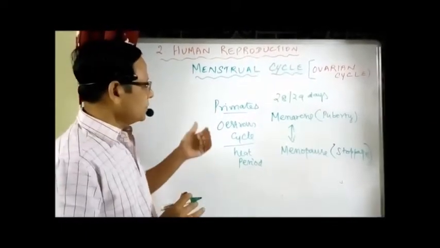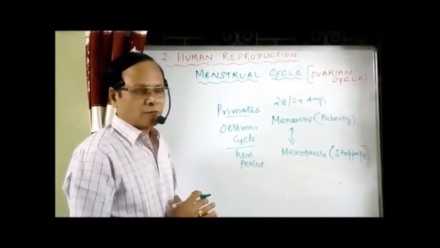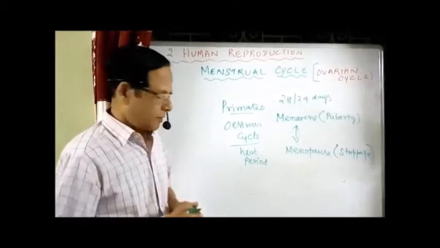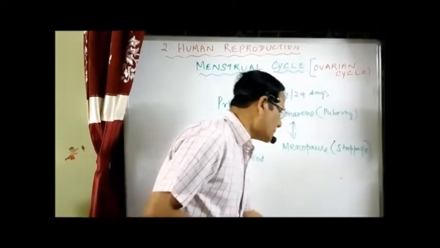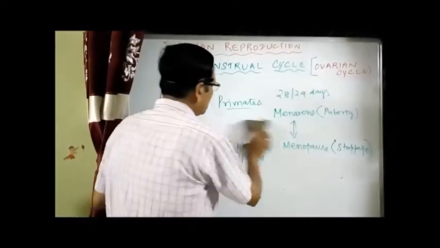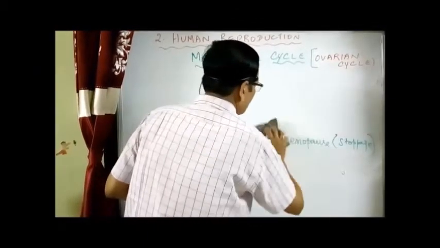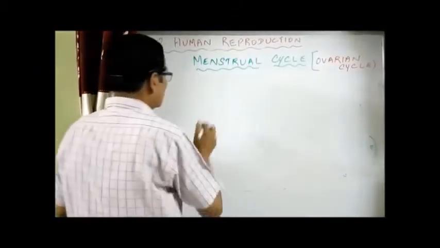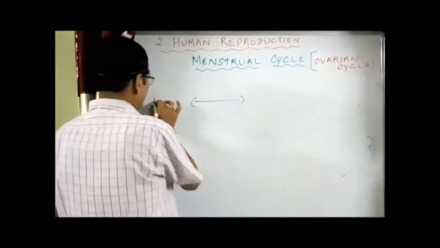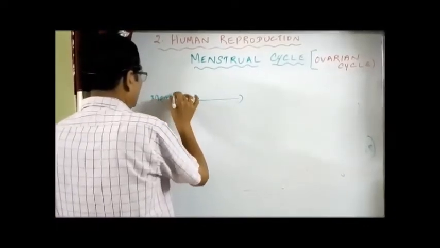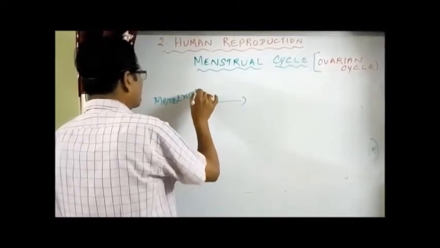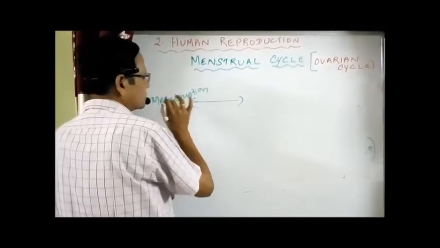Now normally the menstrual cycle starts from one menstrual period till the next one. So between two successive menstrual periods, or menstruation, suppose this is the first menstruation.